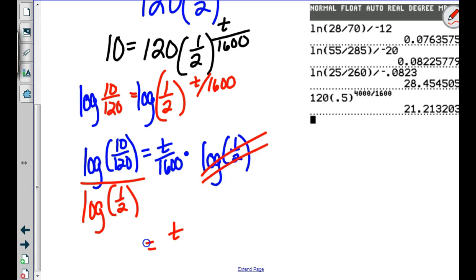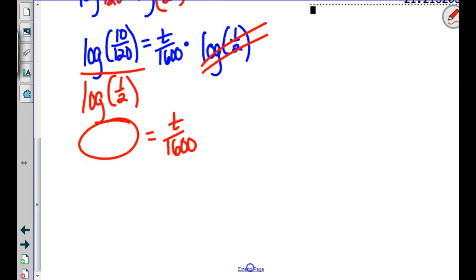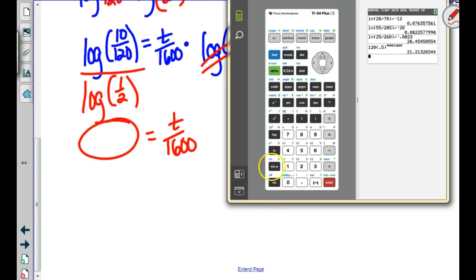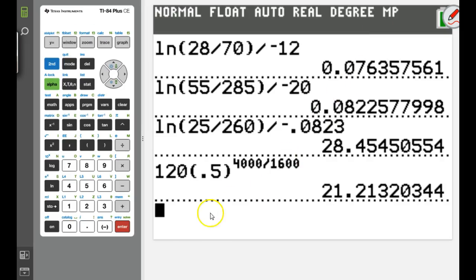And then over here, I'll have t over 1600, which means I'm going to need to take whatever I get there and multiply it by 1600. So I have log of, what was it, guys?